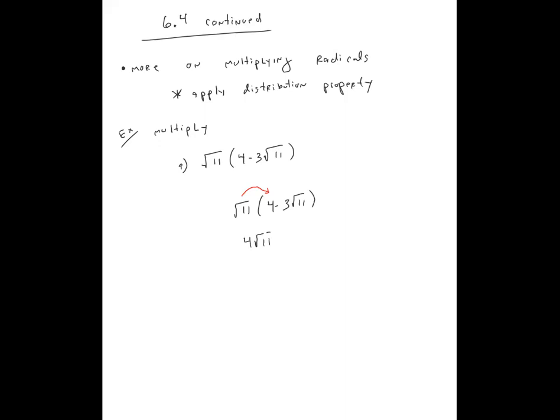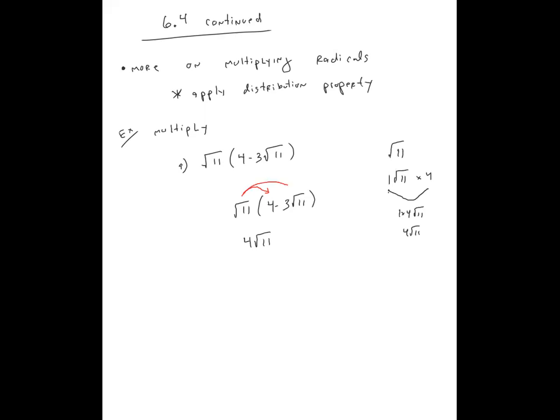The square root of 11 is really like a 1 in front of it times the square root of 11, and if we multiply that by 4, all we're doing is 1 times 4, bringing back that square root of 11. So that's why we get 4 square root of 11 there. That's really what we see in all those steps. Any questions there, y'all?